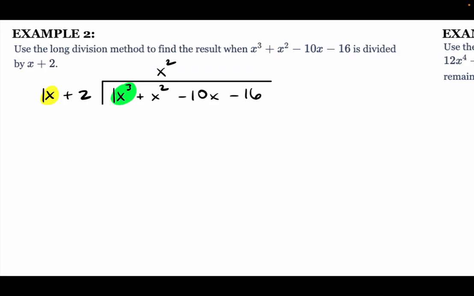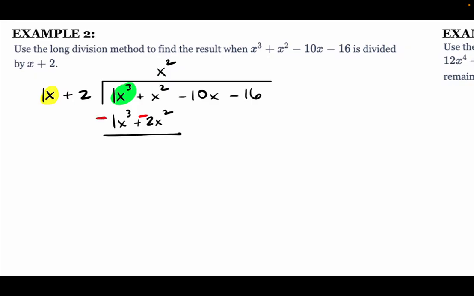Multiply. X squared times x makes x to the third. 1x to the third. X squared times 2 makes 2x squared. Don't forget to change the signs.